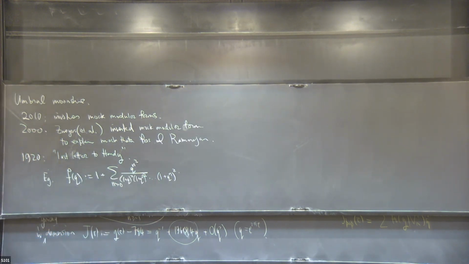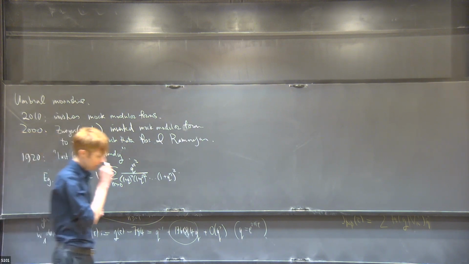And for decades and decades we struggled to come up with a framework that includes these in something like the theory of modular forms, and Zwegers arrived at that.